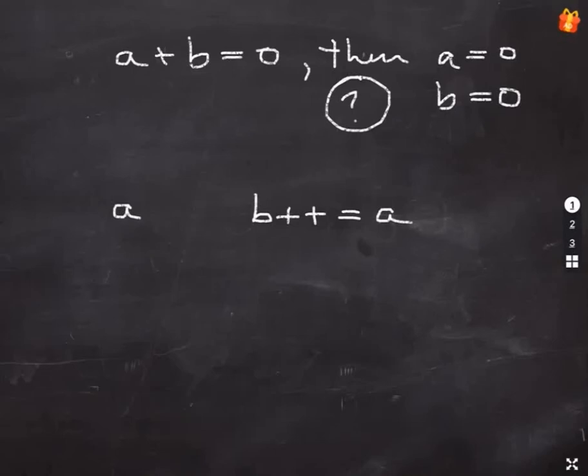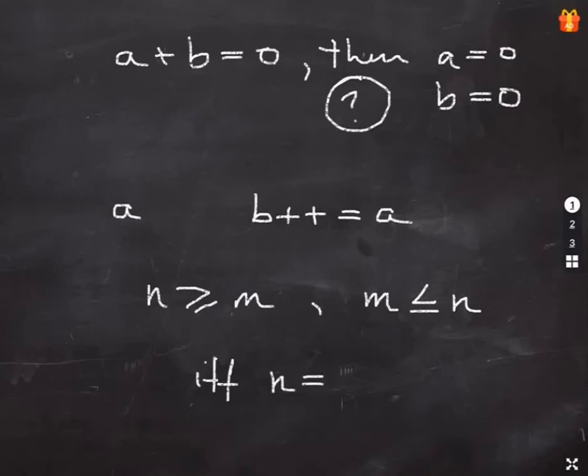So let n and m be natural numbers. We want to say that n is greater than or equal to m, and write it like this, using this symbol, or in an equivalent way, like this, if and only if n is m plus a for some natural number a.